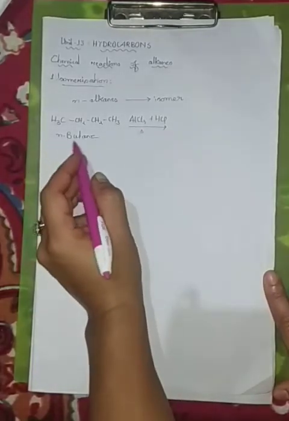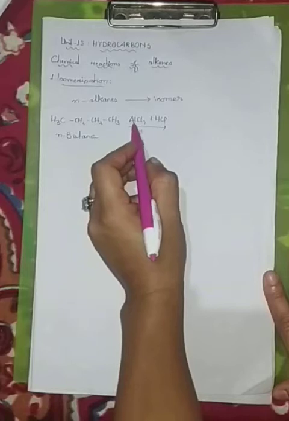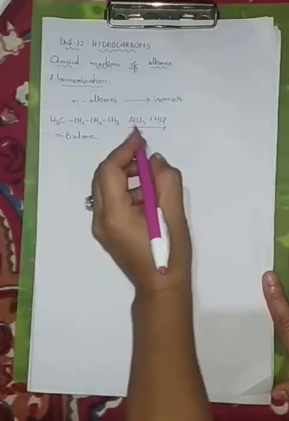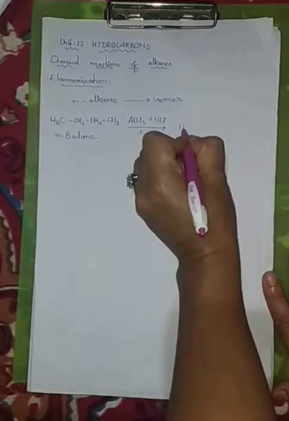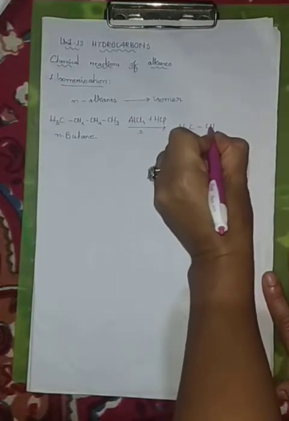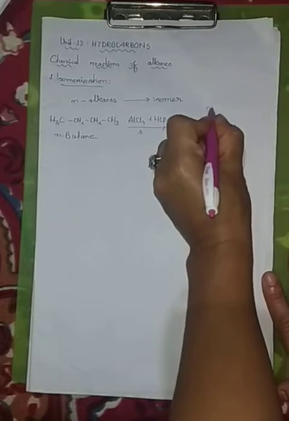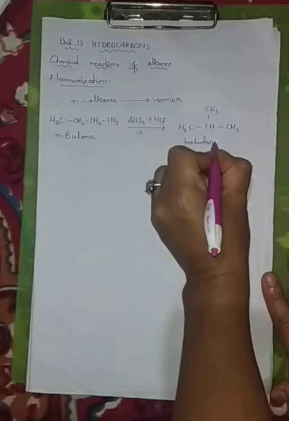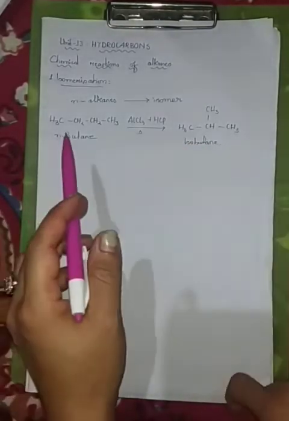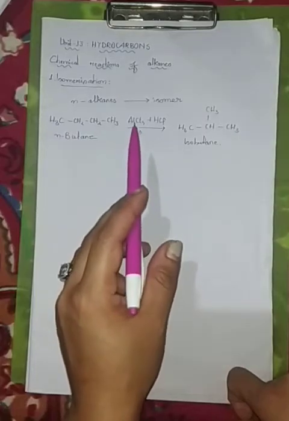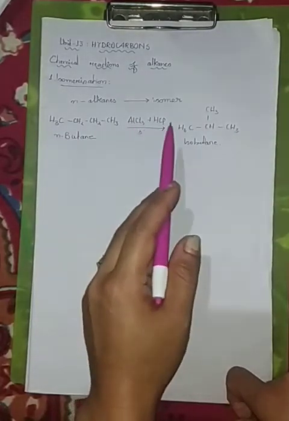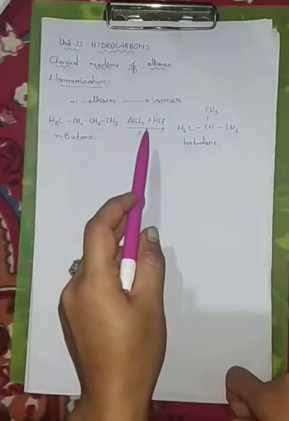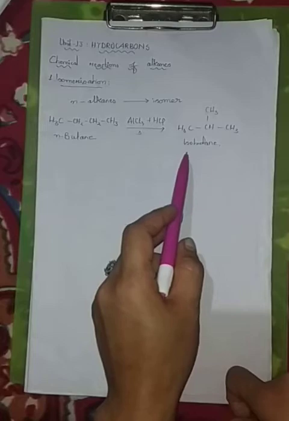When n-butane is heated with aluminum chloride and concentrated hydrochloric acid, we get a branch chain isomer, that is isobutane. Aluminum chloride is a Lewis acid and HCl is a strong acid. The reaction of these two isomerizes n-butane to isobutane.